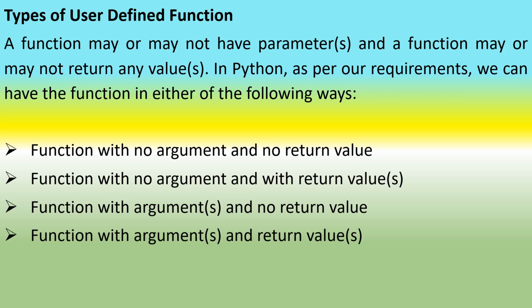Next, function with argument or arguments and return value or values. That means here the function will be called by passing a value or values, meaning arguments will be passed, and that function after the computation will be returning a value or values.